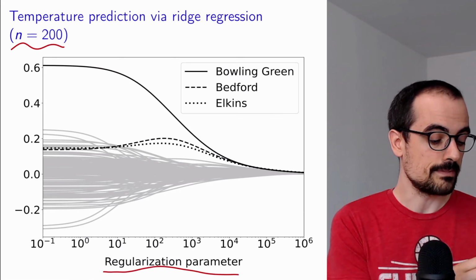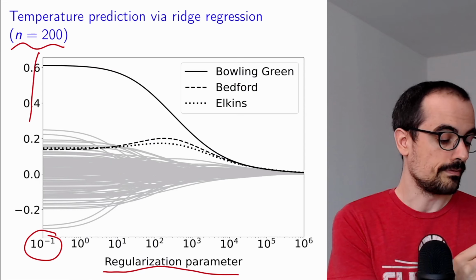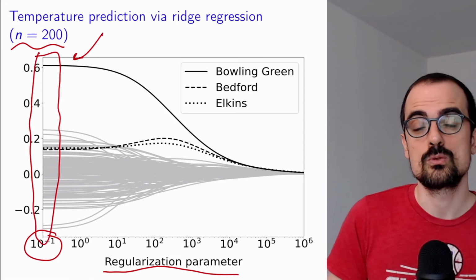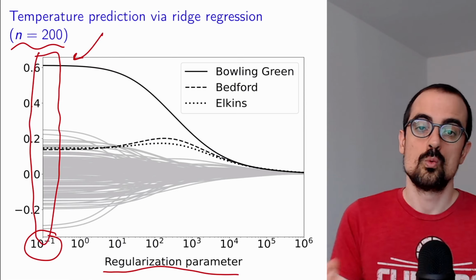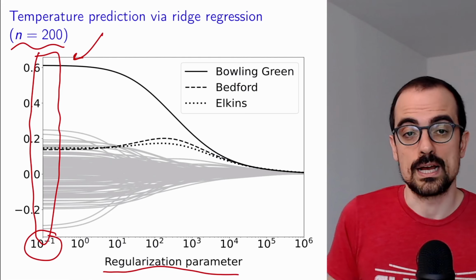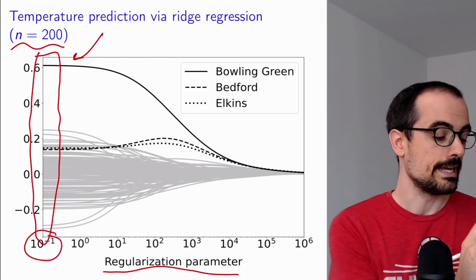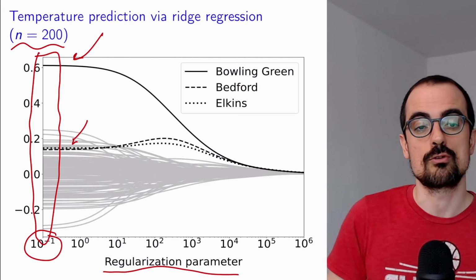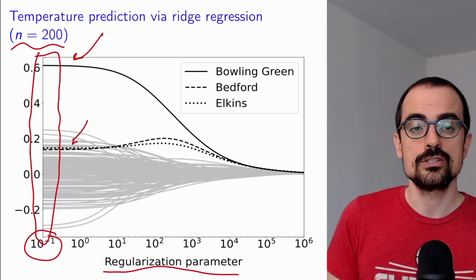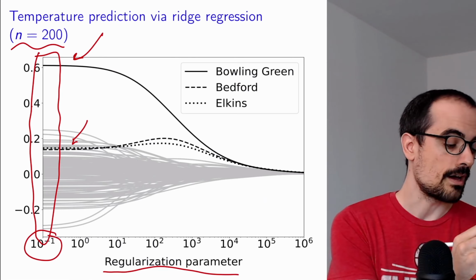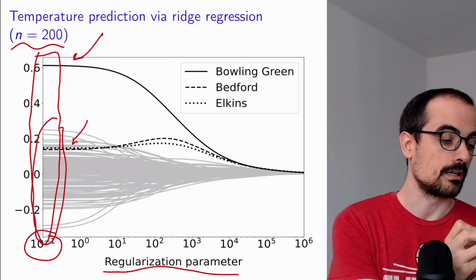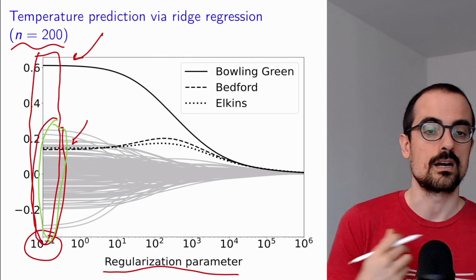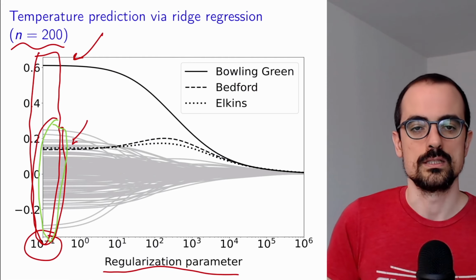When the regularization parameter is very small, the coefficients go bananas, just like in ordinary least squares. This is not surprising because when lambda goes to 0, essentially we have the OLS estimator. This is problematic because these geographically meaningful coefficients are drowned by these other coefficients in gray that are becoming large in order to overfit the training data.